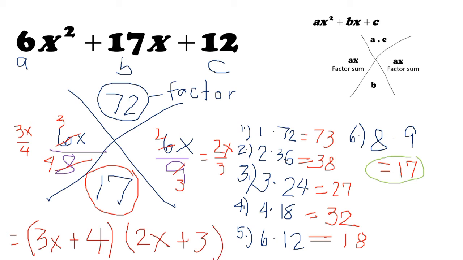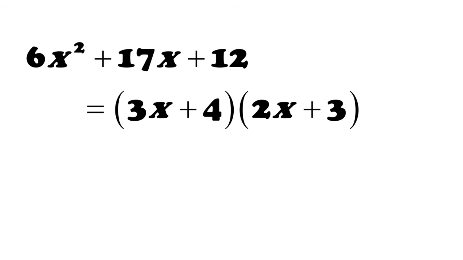Take note that if the denominator is negative 3, what we write here is minus 3, but in our given it has a value of 3, so we have plus 3. So therefore the factor of the given expression, which is 6x squared plus 17x plus 12, is the same as 3x plus 4 times 2x plus 3.